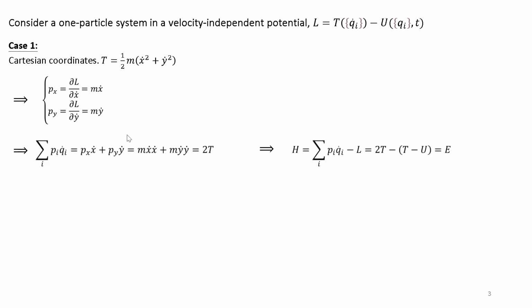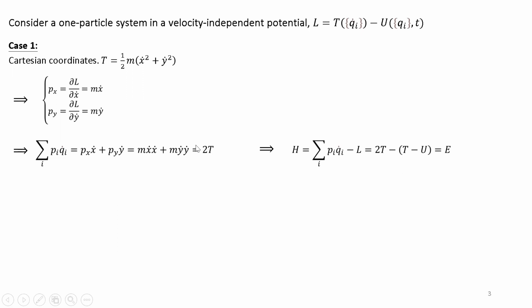Now I'm going to consider this sum, because for the Hamiltonian I need to consider it. This sum is given by Px x dot plus Py y dot. Using these two relations, it would be m x dot squared plus m y dot squared, and that is 2 times the kinetic energy.